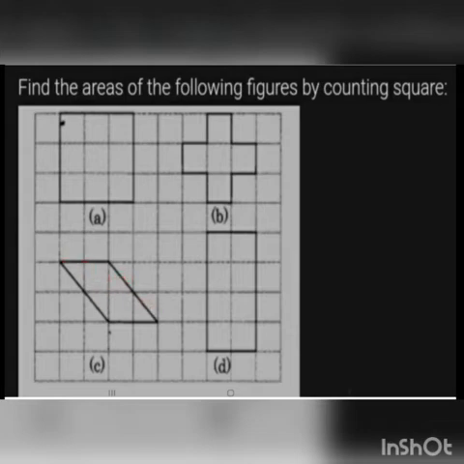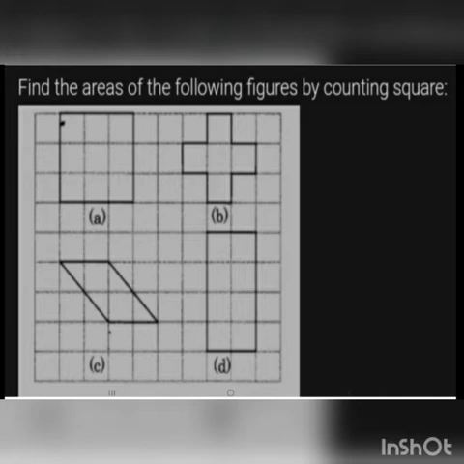So 4 is the area of this figure, because here only 2 squares are full squares, whereas the other 4 squares are half squares. So we are taking 2 halves as 1. Now counting this one, here all are full squares. So counting 1, 2, 3, 4, 5, 6, 7, 8. So 8 square units is the area of this figure. Here they have given it directly, so we can find it.